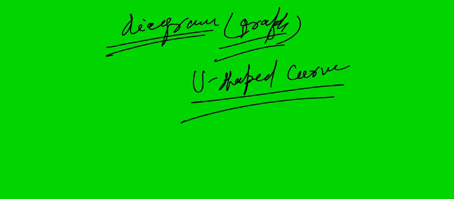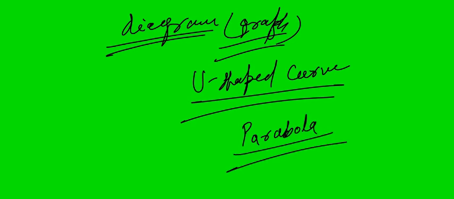Always you will get a U-shaped curve, and that U-shaped curve is called a parabola. This will always be asked as a 1 mark question, which type of curve or shape we will get. Either the option will be U-shaped or the answer will be parabola. So this one is very important.